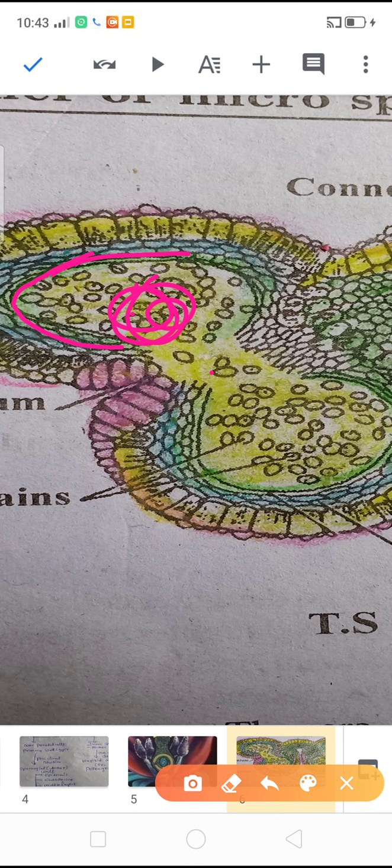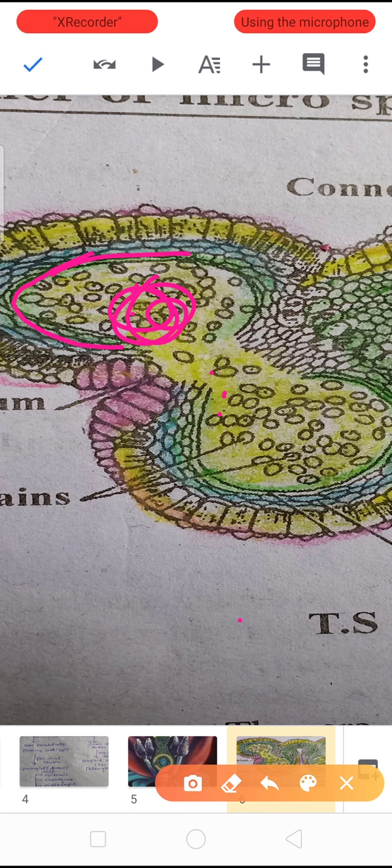Examples: lower dicotyledons and lower monocotyledons. Next, coming to the secretory or granular tapetum, secretory tapetal cells develop from the mature cells of tapetum. Examples: many dicotyledons and higher monocotyledons.